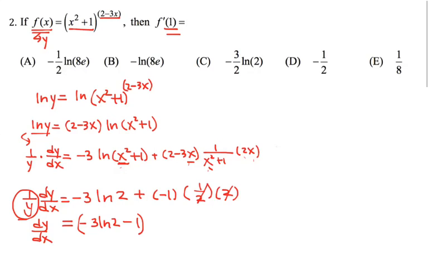But what is the value of y? In order for us to find the value of y, we can plug in 1 into the original expression. Then we get y is equal to 2 to the negative 1 power. In other words, that's 1/2. So here we get.